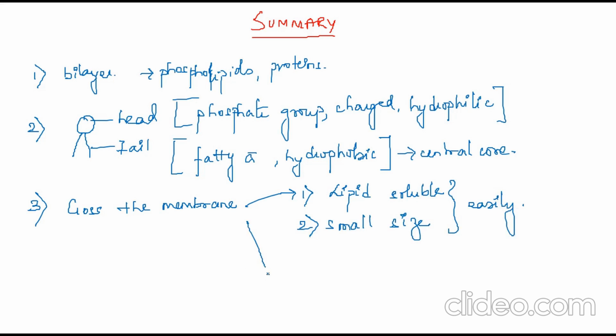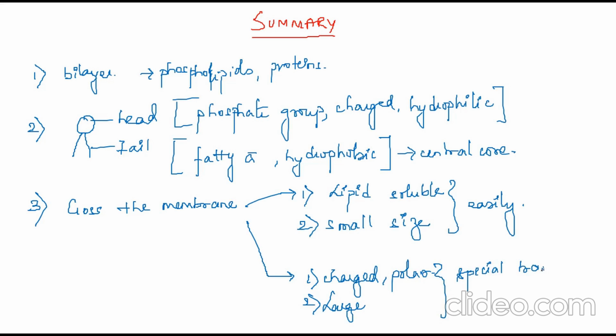But what about others, the molecules which are charged, or very large, or polar? They require transporters, or a special arrangement for the molecules to move from the external to the internal region of the cell or from the internal to the external region.